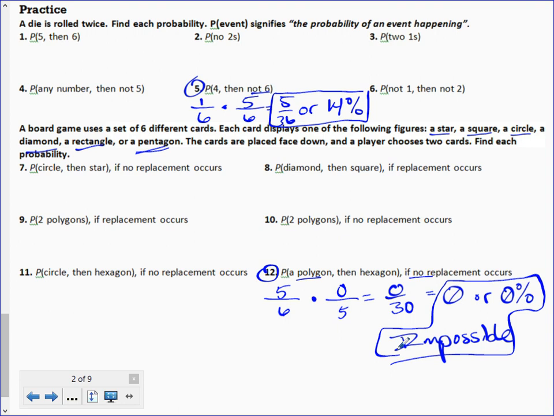Your second sheet takes everything we've done over the past 2 weeks: standard deviation, mean, median, mode, range, probability, everything that we've done. It jumbles them all up and gives you a chance to prepare yourself for whatever may come.